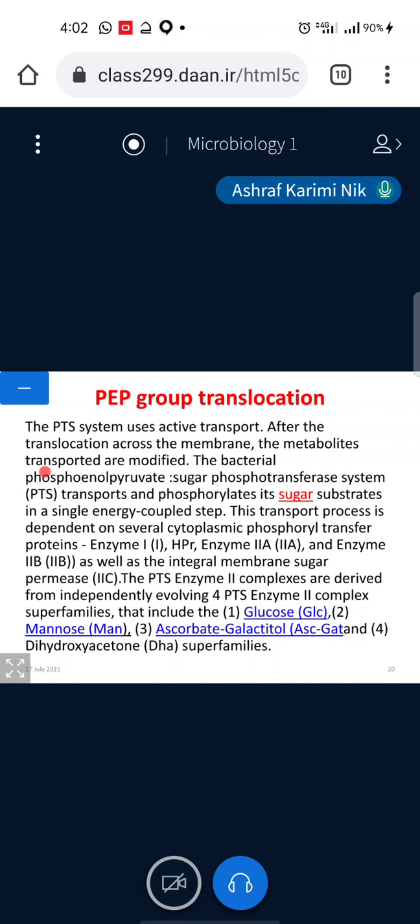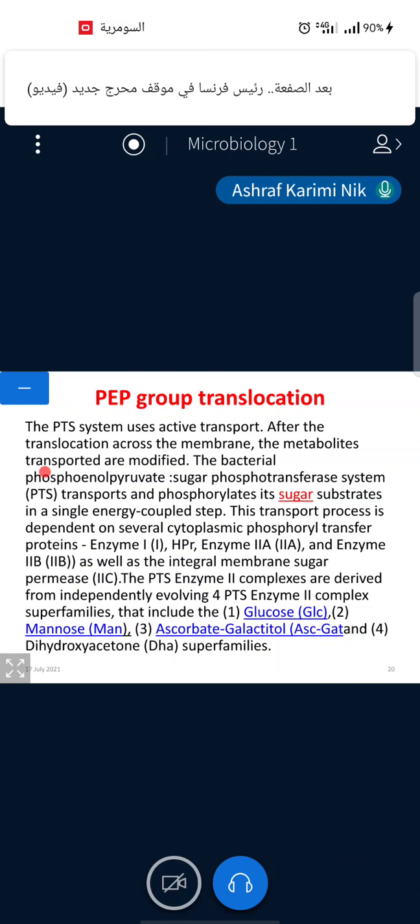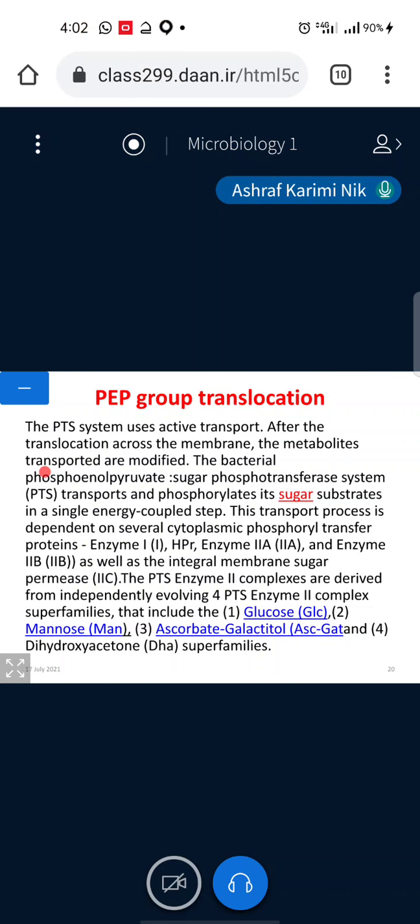After the translocation across the membrane, the metabolites transported are modified. It is very complex. You can see in the next slide the picture and the way of sugar, for example glucose, transport in this way.